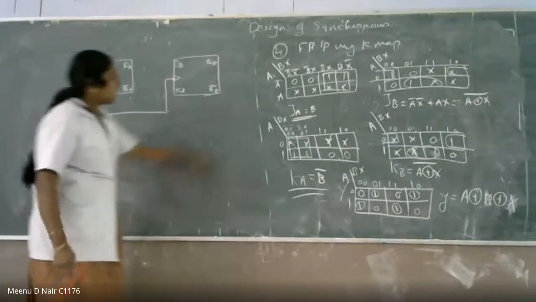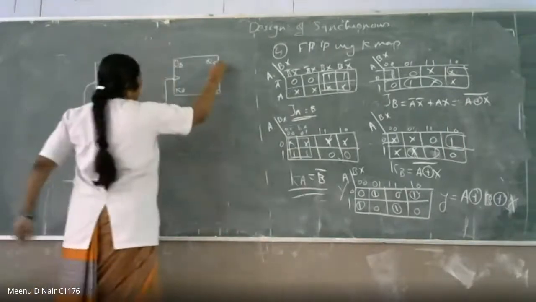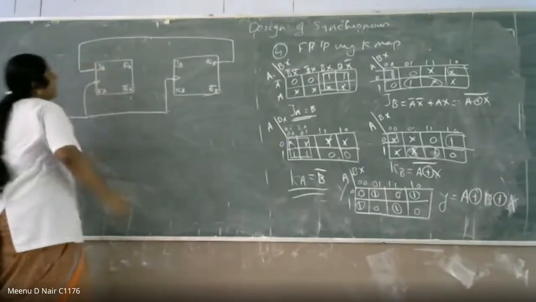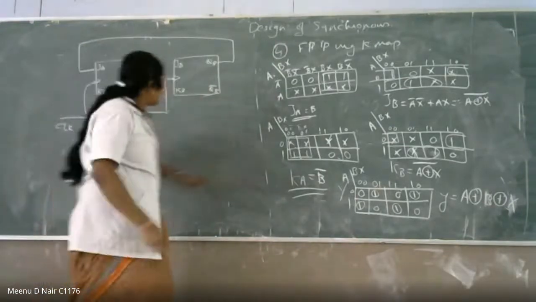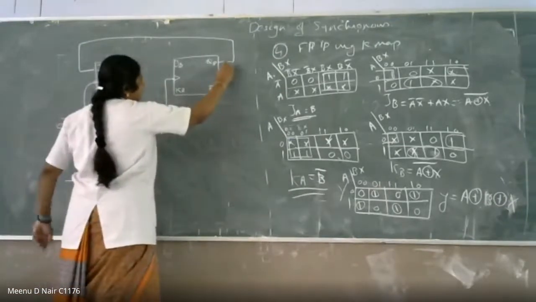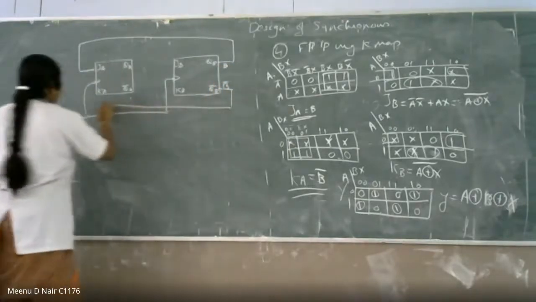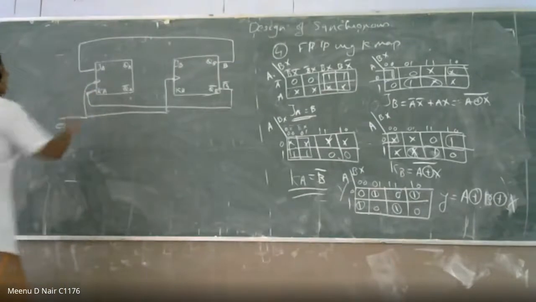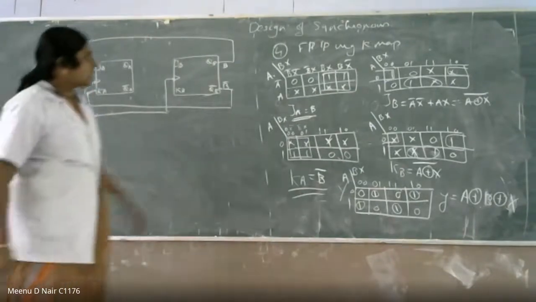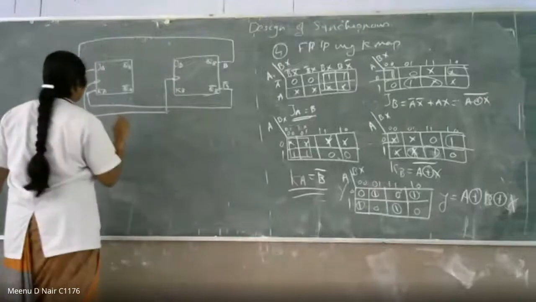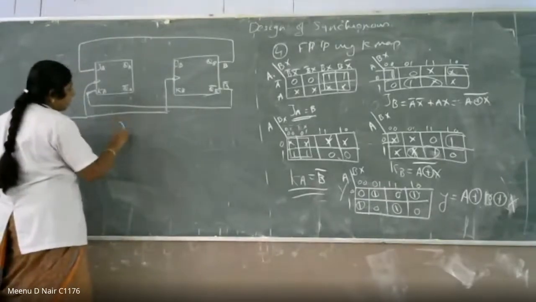Then what is JA? JA is equal to B. B is nothing but QB. JA is equal to B, right? It's connected. Then what is KA? KA is equal to B bar. It's connected to KA, right? Then what is JB? JB is A XOR X. So we are putting an XOR gate.